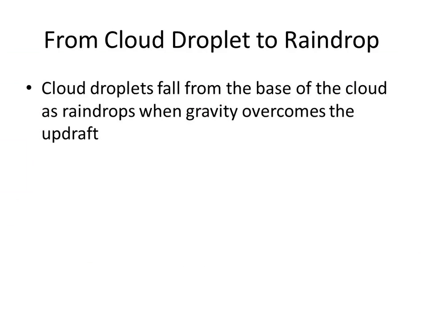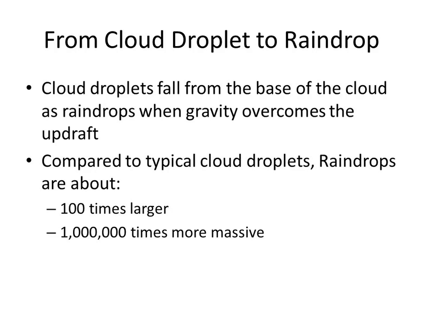Now, in order for it to successfully leave the cloud, here's the word updraft. Okay, and usually it's kind of gentle. Actually, not only gravity, I should say, has to overcome that little updraft. Okay, so in order to fall from the base of the cloud, it has to have a certain mass in order for gravity to kind of say, all right, you're on your way out.